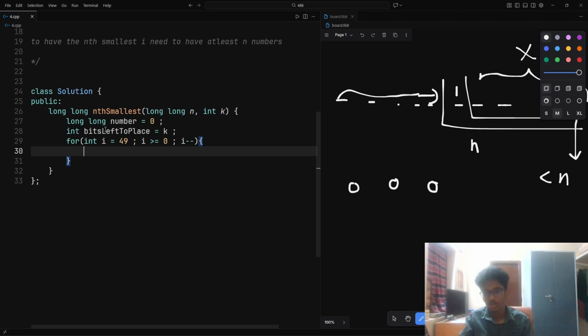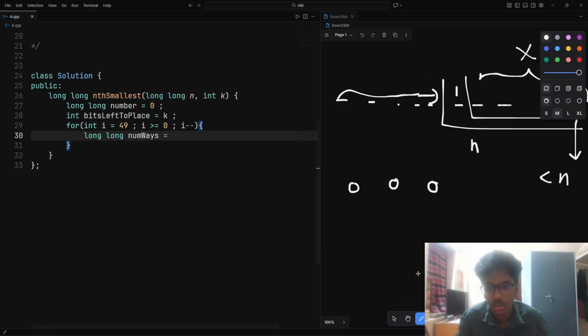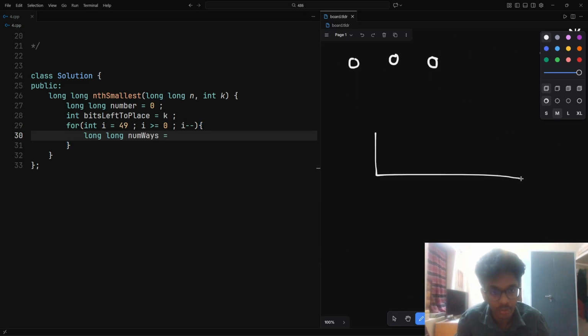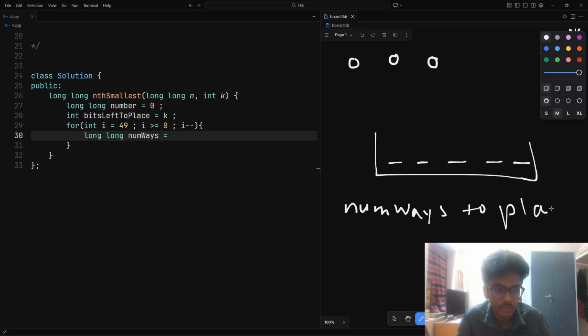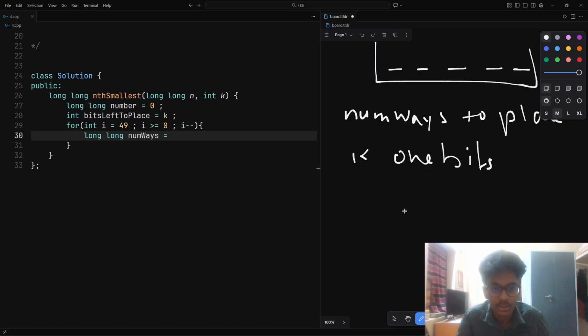So we are iterating in the reverse direction. Tell me one thing. How can I find the number of ways? If I have m bits left, and I want to find the number of ways to place k ones, that means it is mCk, which we exactly need to find.